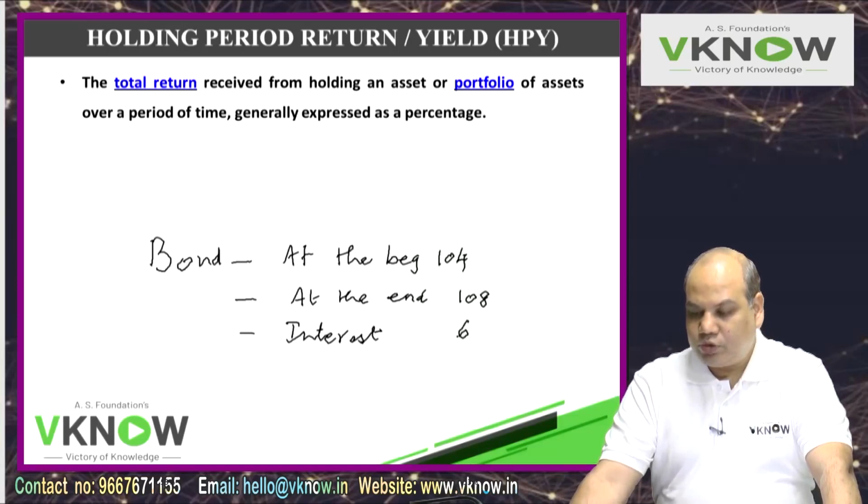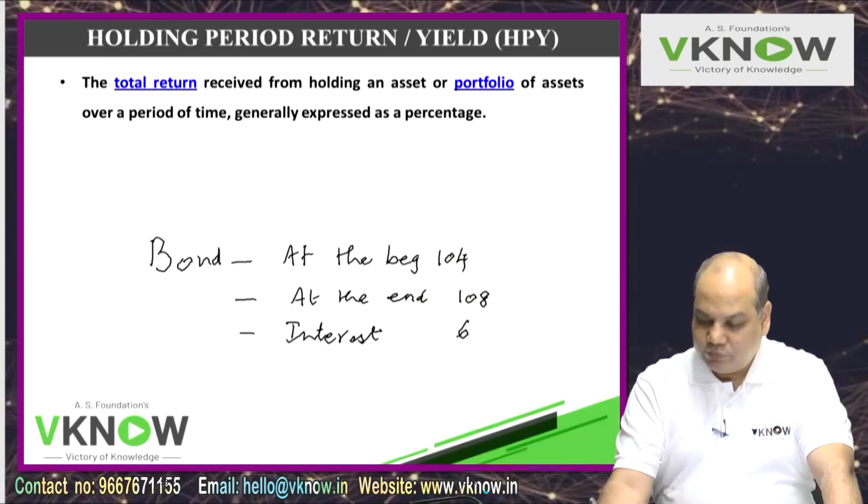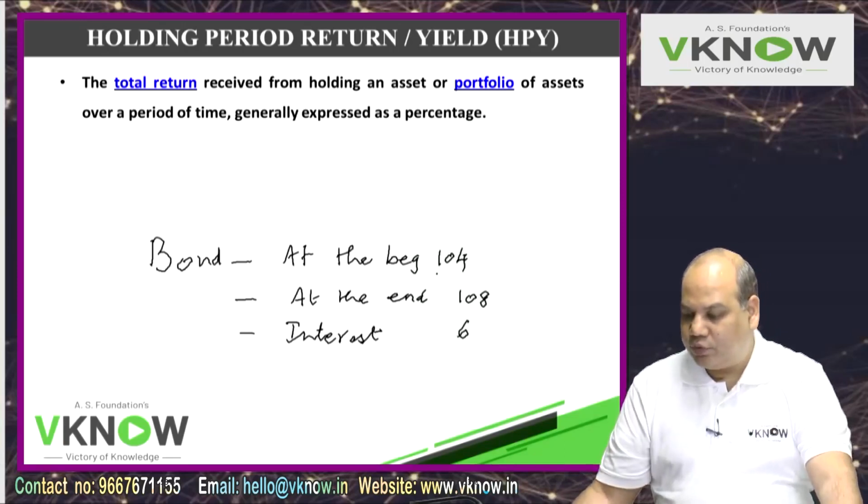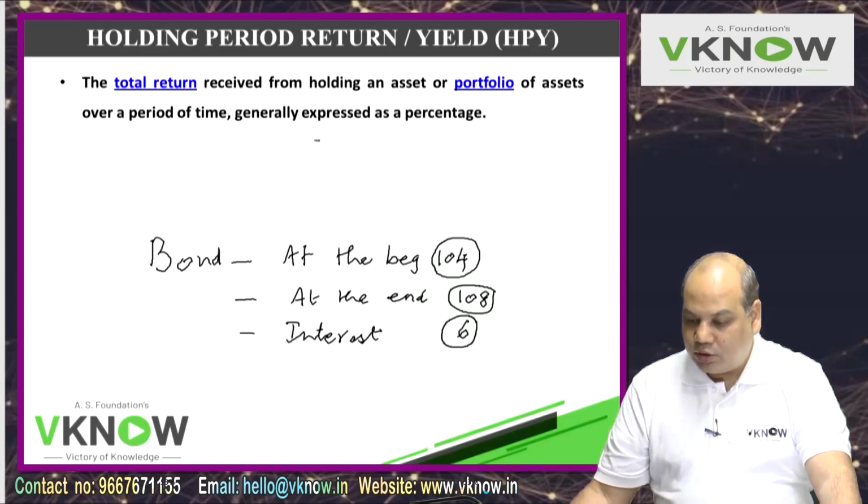Simple question, what is the rate of return you have earned? You will say that I invested 104 rupees, the value of my bond became 108, plus I also received 6 rupees coupon. So I got 6 rupees coupon plus 4 rupees capital gain.